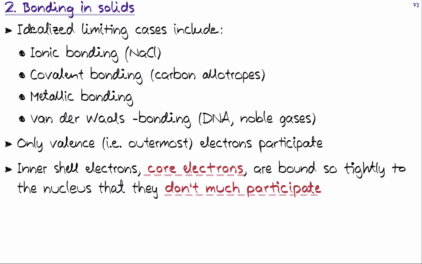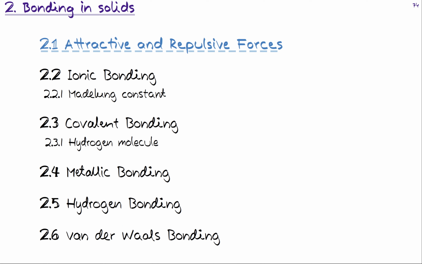And now that I have gone through the introduction of this chapter, I will go to the first part. I will very briefly cover the different forces, the attractive and repulsive forces, and superficially explain what the origins of those forces are. So we are looking at stable compounds.